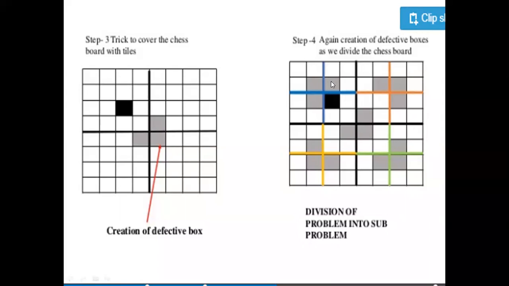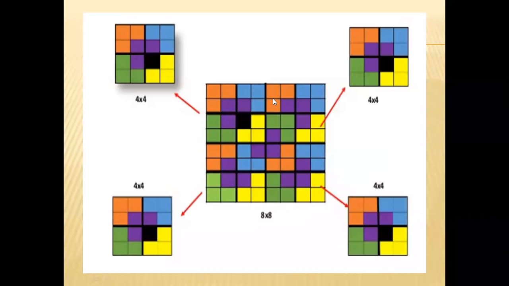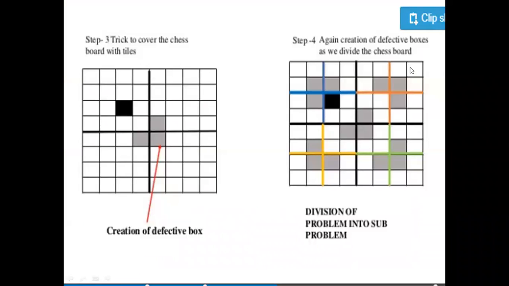The remaining three squares, the remaining non-defective squares, are covered with one triomino. Same here in the 4 by 4 chessboard: the remaining non-defective squares are covered with one triomino.